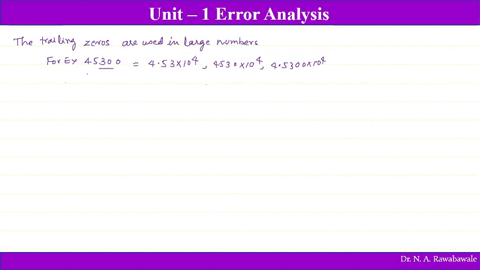So these designate that the number is known to 3, 4 and 5 significant figures. Here this is known to 3 significant figures, this is known to 4 significant figures, and this is known to 5 significant figures.